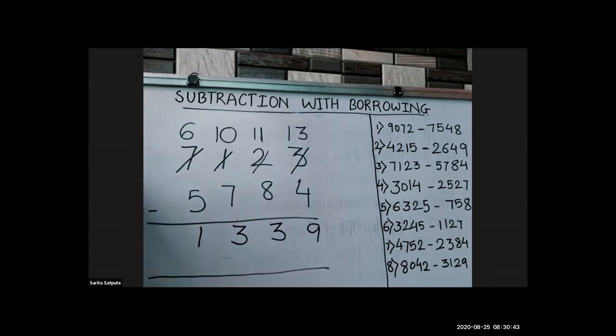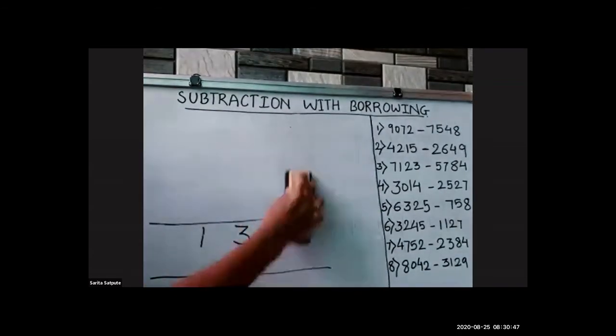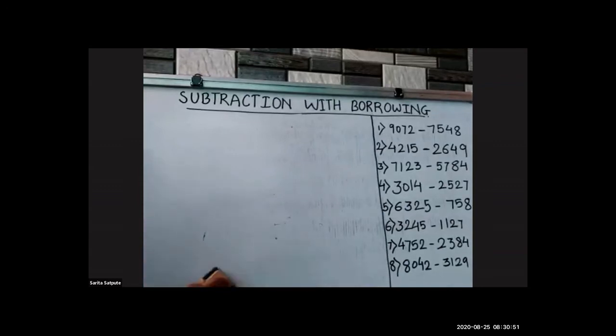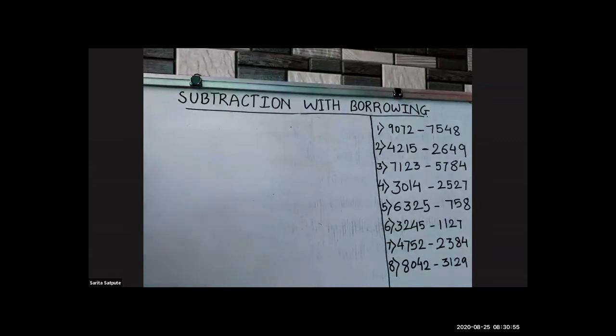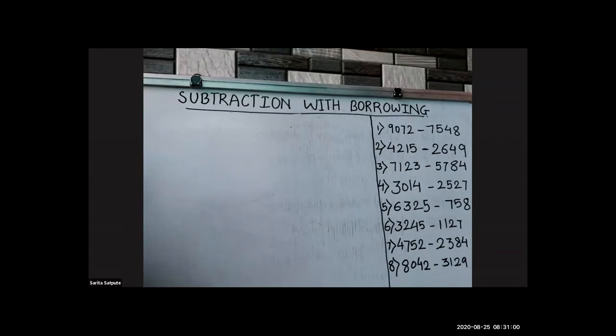Let's move to the next question. Can anyone read the fourth question? Any one of you? Amit? Yes, Amit has raised his hand. Yes, Amit, can you read the fourth question? Yes, Amit, I can hear you.